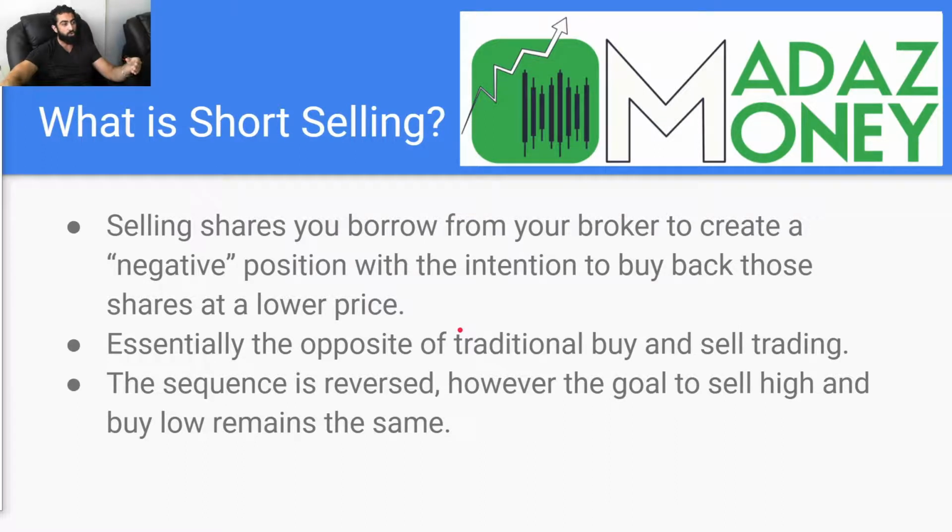In order to go short, you actually have to borrow shares from your broker. For the majority of the stocks that we trade, these hard to borrow penny stocks, you have to pay a fee. That's the biggest downside to short selling. I think a lot of guys are scared away from short selling because of the fees. But I've backtested all kinds of strategies in the markets, long strategies and short strategies, and I've found that the short-biased strategies have more consistent patterns.